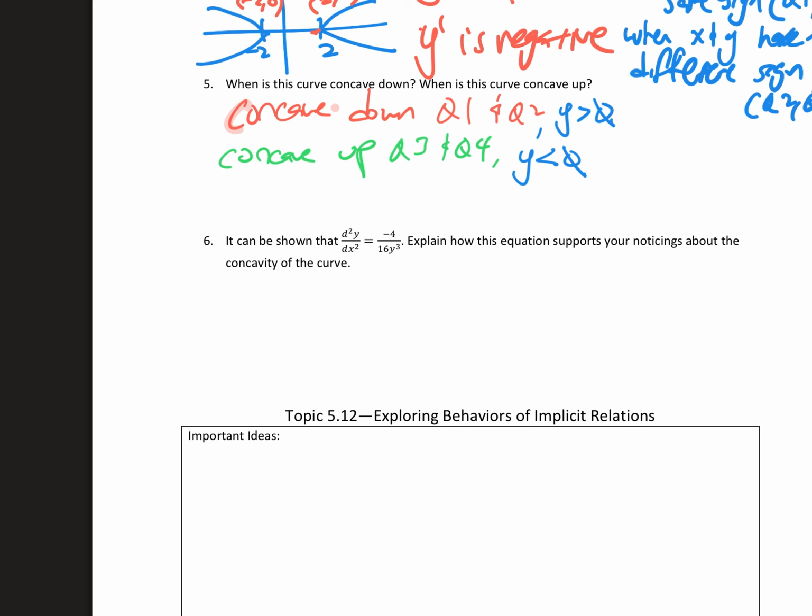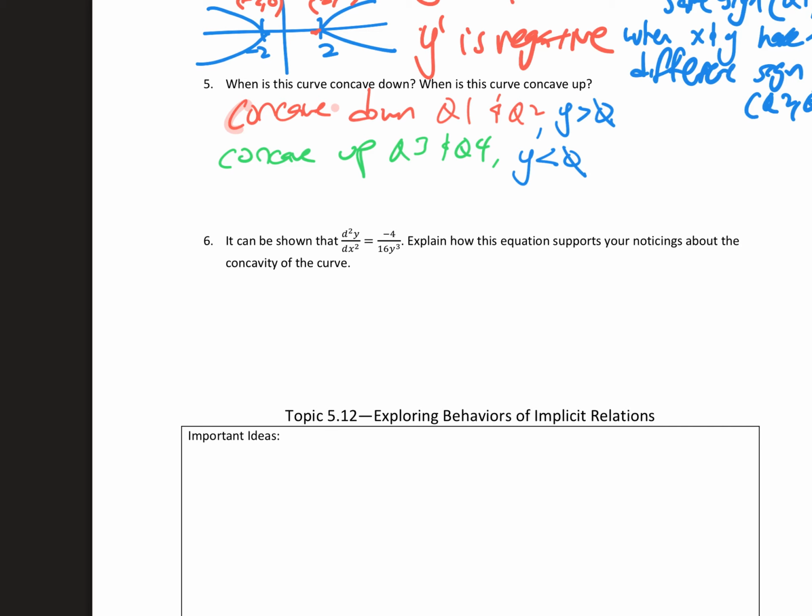So what's happening in quadrant 1 and 2 when y is greater than 0? Well, we can see that by plugging in a positive number here. It's going to be positive in the denominator because everything is positive. And negative divided by a positive will be a negative. That's why when y is greater than 0, we end up getting a concaving down, because my second derivative is negative.